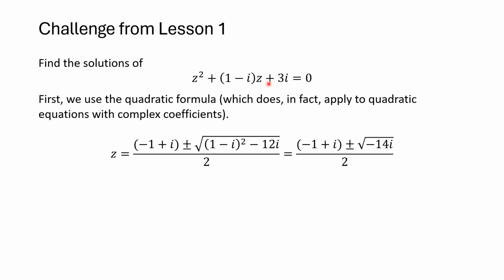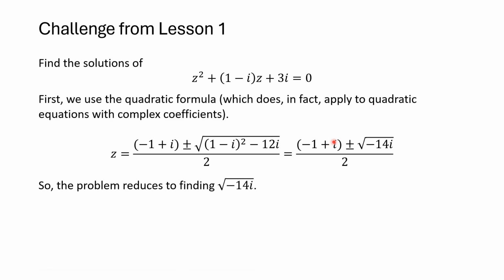You can use the quadratic formula: minus b, plus or minus the square root of b squared minus 4ac, divided by 2a. Plug all those things in, simplify a little bit, and you get this expression here.